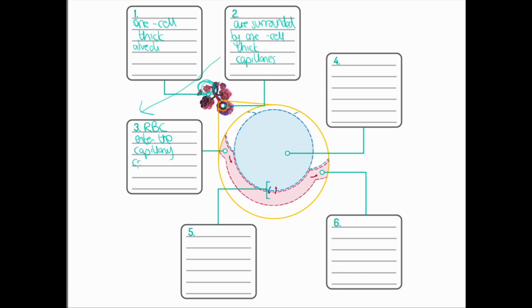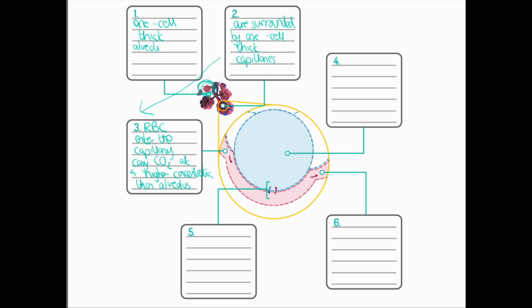And they are carrying, again, I am going to write CO2, but carbon dioxide at a higher concentration. So our red blood cells entering the capillaries have a higher concentration than the alveolus. And so remember, alveolus is 1, alveoli is many.